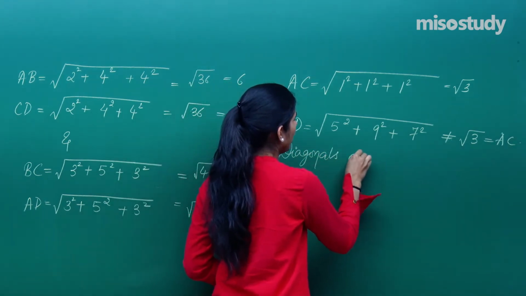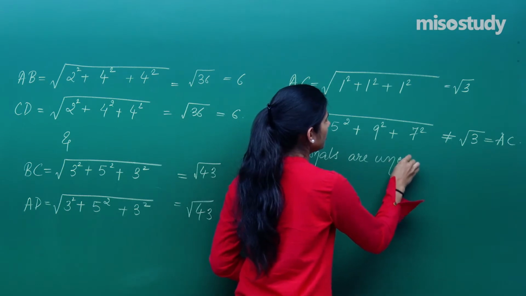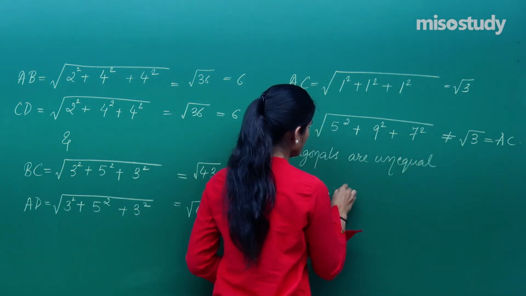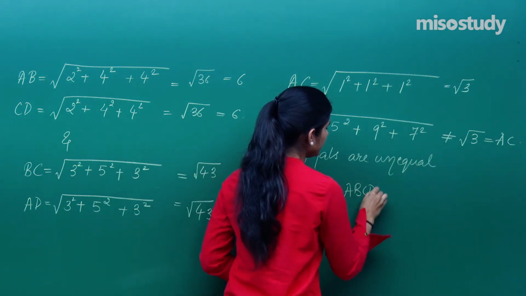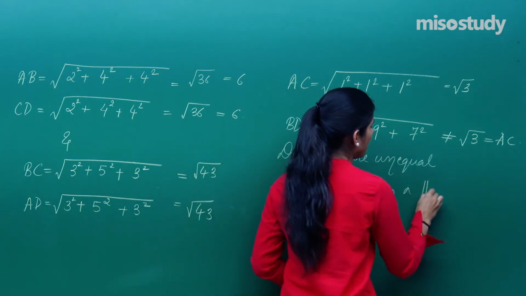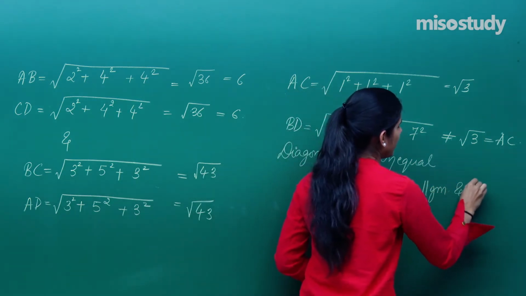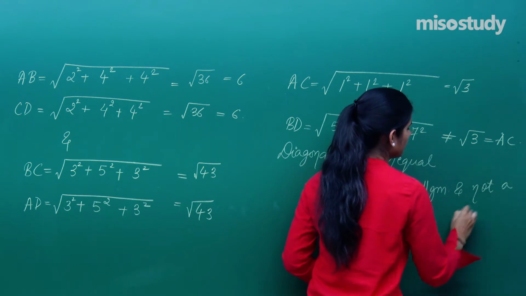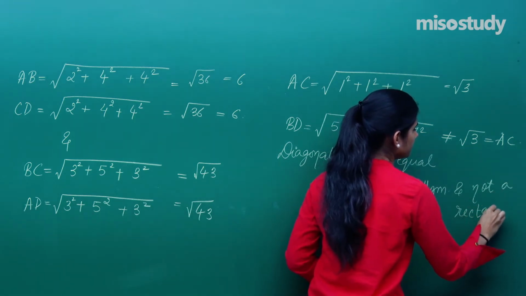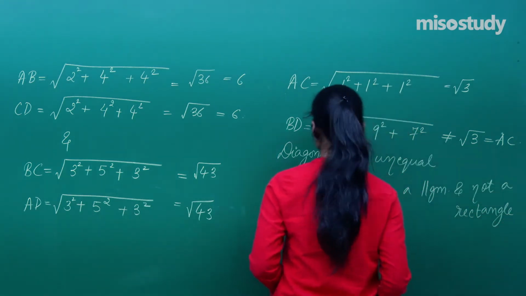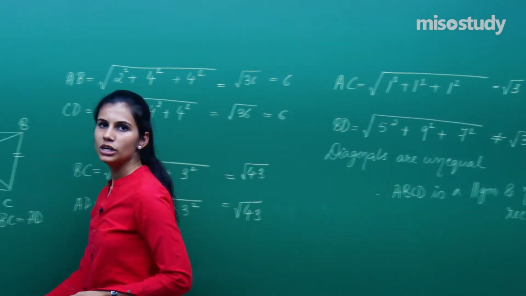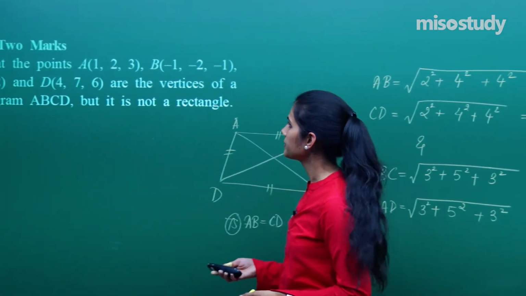Diagonals are unequal. Therefore, ABCD is a parallelogram and not a rectangle. This is how distance formula helps you to come to such great conclusions.